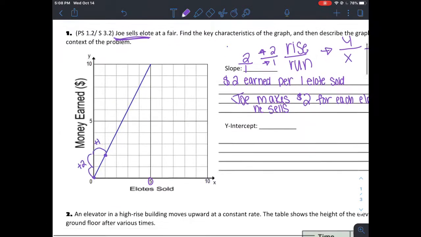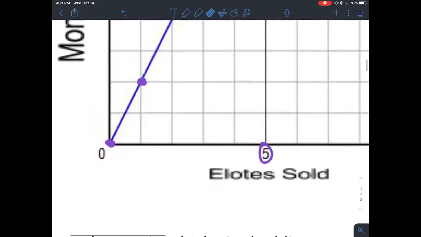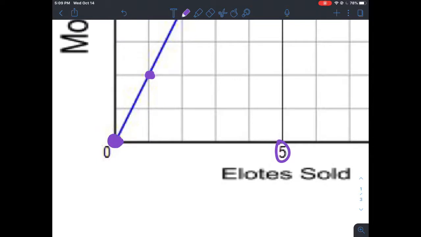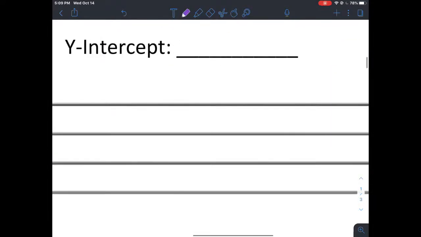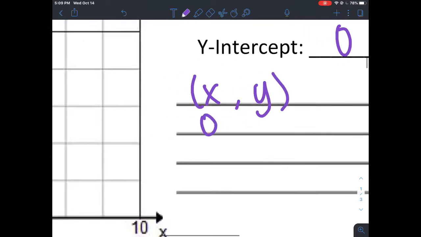Okay, then y-intercept. Y-intercept is where my line crosses the y-axis. So I'm going to erase this right here. That would be this point right here, and it's 0, 0. So my y-intercept is going to be 0. Remember, x, y is my coordinate, so 0, 0.